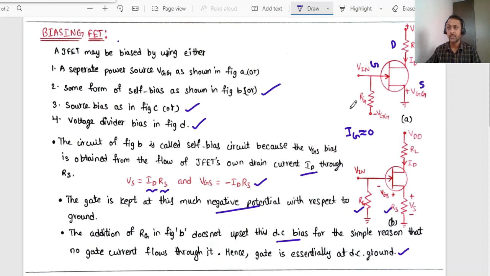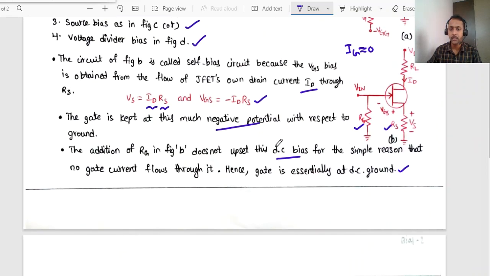The JFET offers high input impedance. The gate current will be almost equal to 0. If any leakage currents are there, they are to be provided a path for their flow with the help of RG. If RG is not there, the gate terminal will simply be floating in the air. If it is floating, some charge will get accumulated.